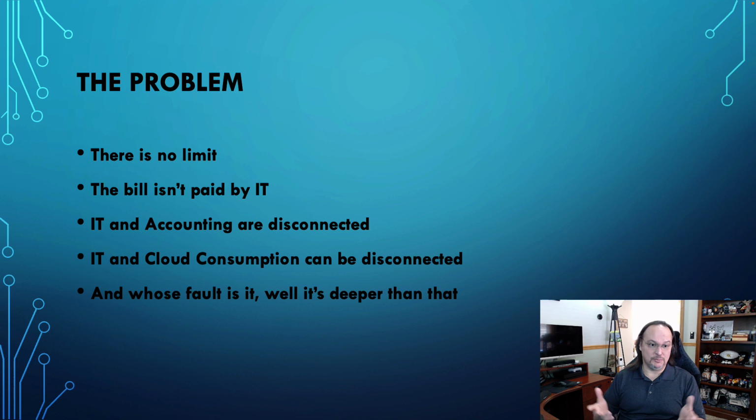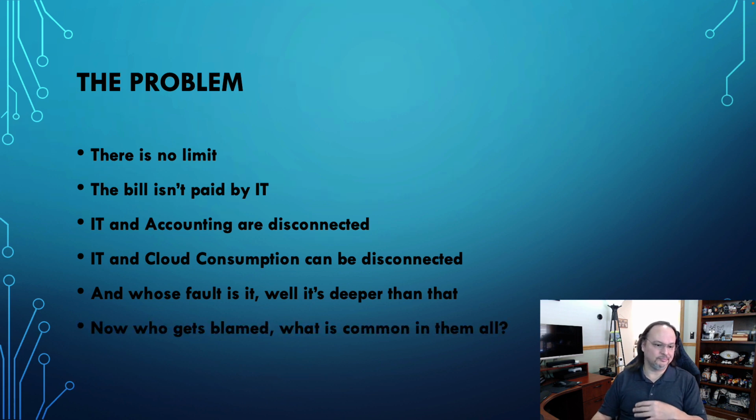Because what you end up doing is pointing fingers. And the problem is, this is an issue that's much deeper than that. And we're going to talk about some of the ways you can hopefully get around this and minimize some of this impact, okay? And again, this is not about pointing blame, okay?